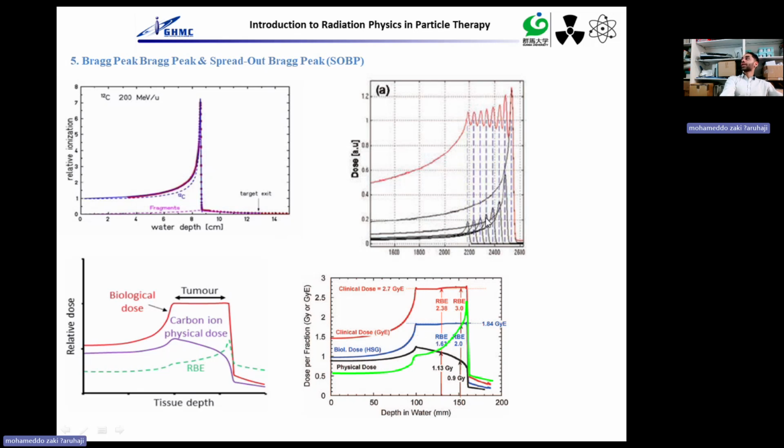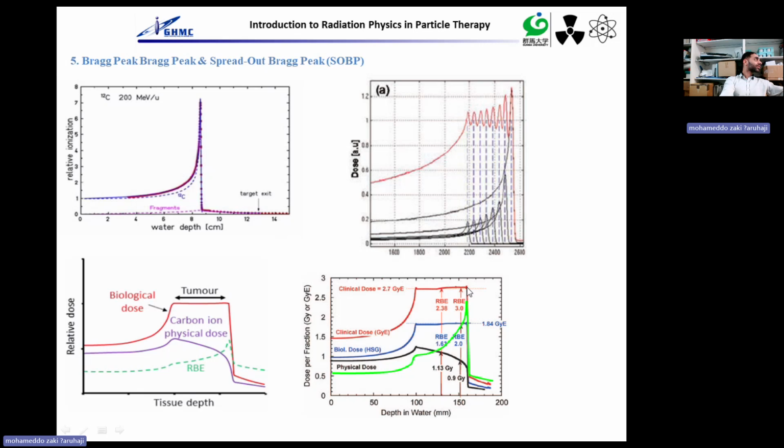But then when they get larger, each one by itself will deposit its energy by itself. The further you go, the less dose they will deposit, because the further you go, the stopping power is higher, until you reach the moment where the stopping power is the highest.